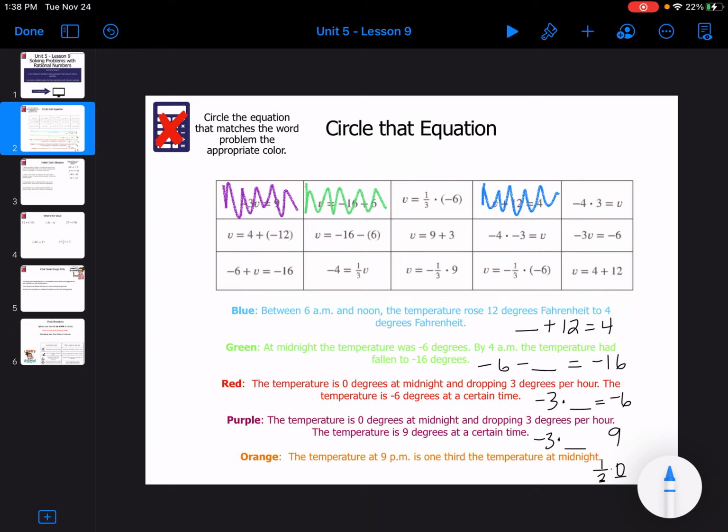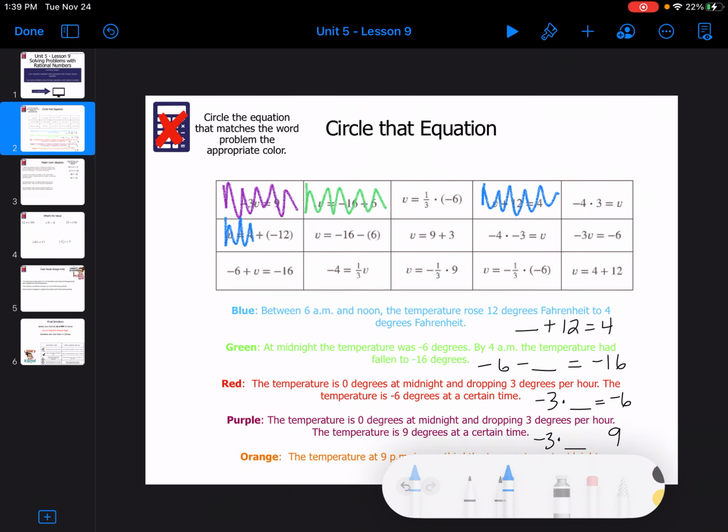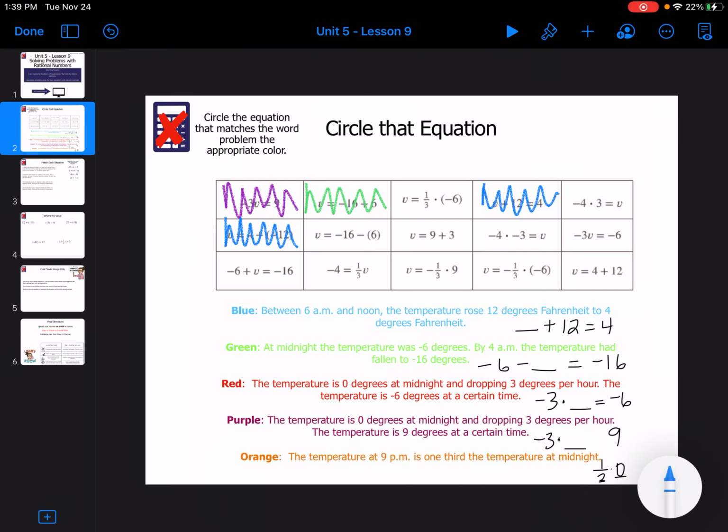Okay, -4 times 3 is going to equal something. So -4, I don't think that fits in with anything either. Let's try the next one. So 4 plus -12. Well, that's going to work with blue. -16 minus 6.